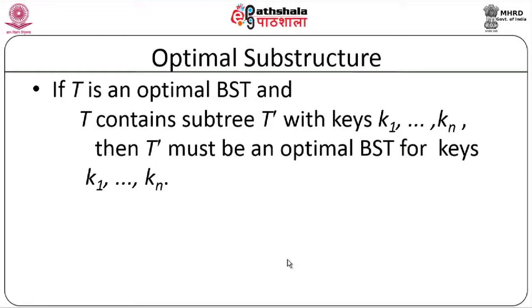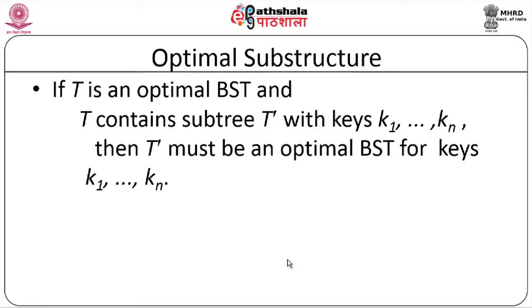In other words, if T is an optimal BST, and we construct a subtree T prime with keys k i to k j, then T prime is also an optimal BST for those keys. So, the optimal principle holds good here.